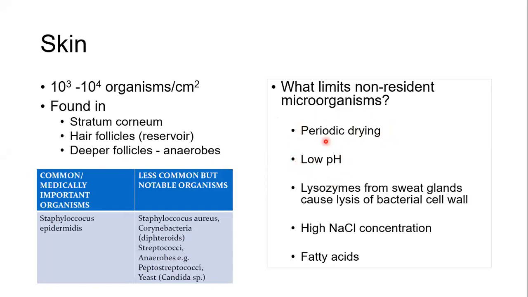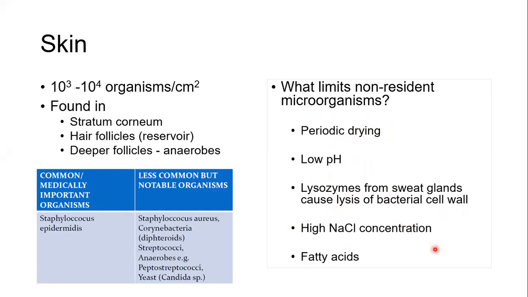Skin tends to have an acidic pH, which would kill most of the bacteria that are not able to survive in acidic pH. There's also production of lysozymes by sweat glands, which causes breakdown or lysis of the cell wall.